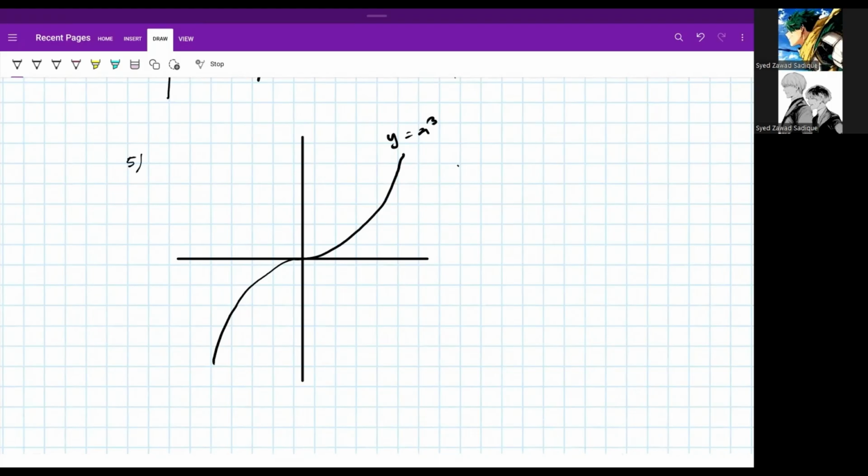Note that, oh, excuse me. Wait. Right. So, there is no point of intersection.